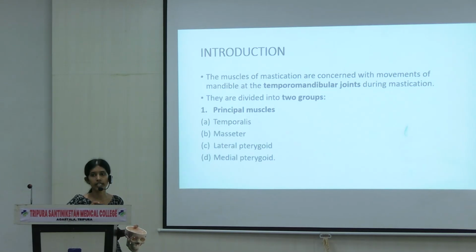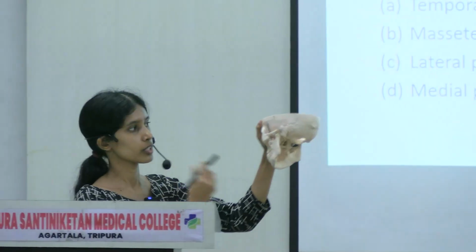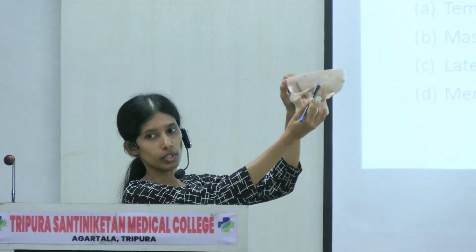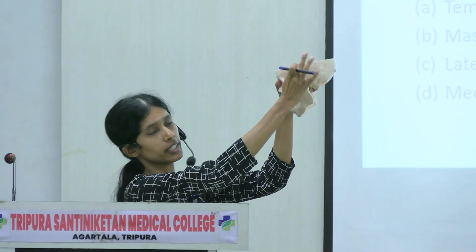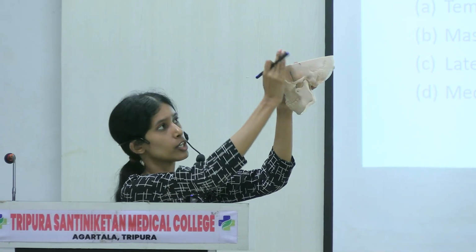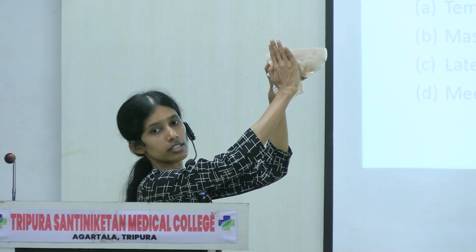Below the superior temporal line and above the zygomatic arch. So, this is your temporal bone, and from this part your superior temporal line will be present. Your temporal muscle is present below it like this. This is a fan-shaped muscle, okay.